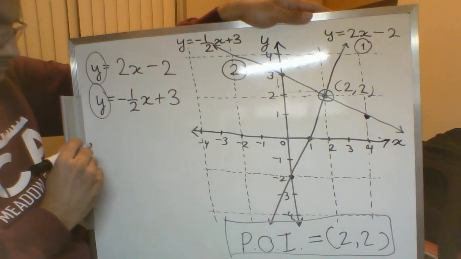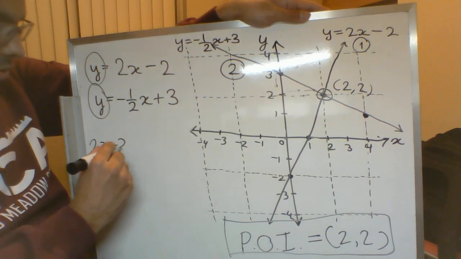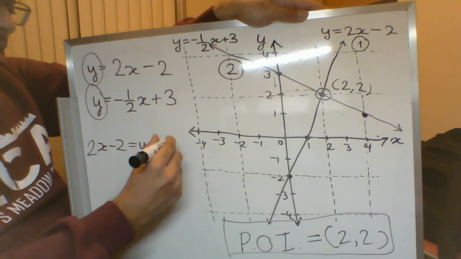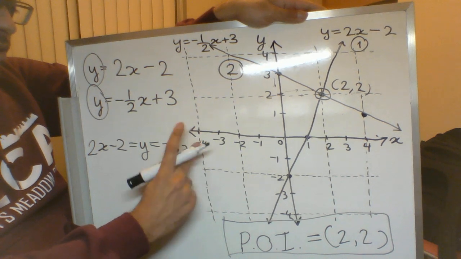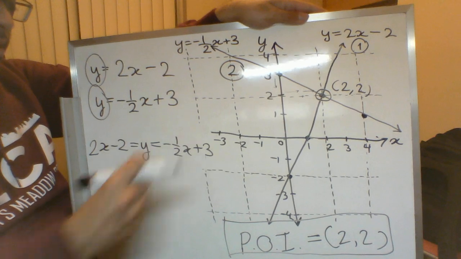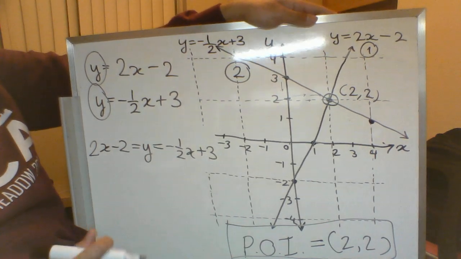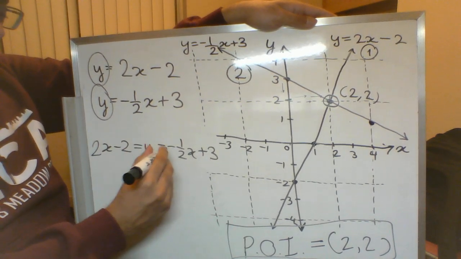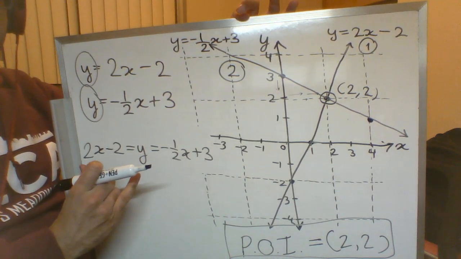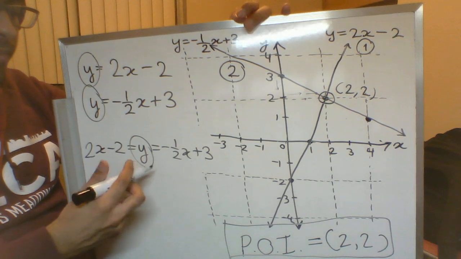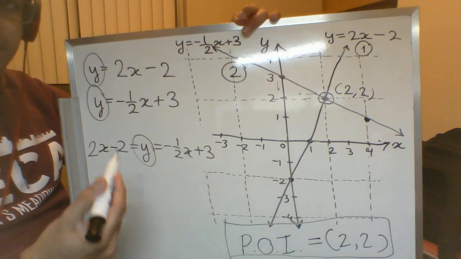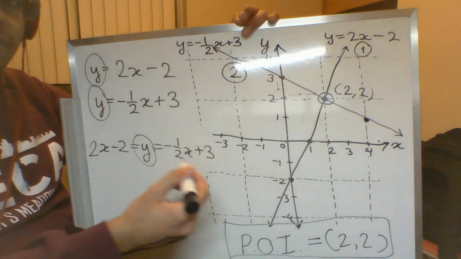So basically I could rewrite it as 2x minus 2 is equal to y, which is also equal to negative 1/2 x plus 3. Get rid of a little piece of the graph there, we don't need that whole thing. Without even knowing what y is, we know that if 2x minus 2 is equal to this thing in the middle, and this thing in the middle is equal to that stuff over there, then this left side must be equal to that far right side.